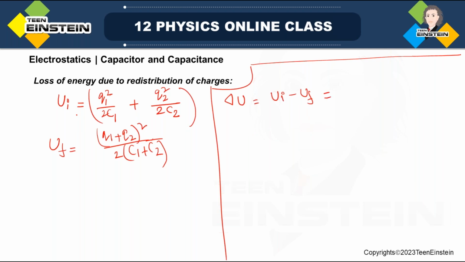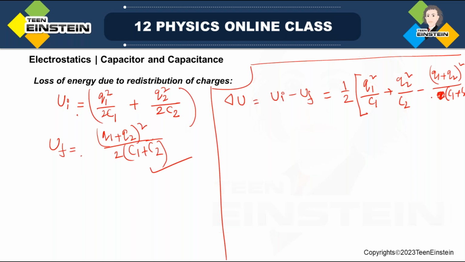I'm just putting these values Ui and Uf. I'll take half common, and then I'll write Q1 square by C1 plus Q2 square by C2, then this part minus Q1 plus Q2 whole square divided by 2 times C1 plus C2. Since I have taken half common, this is only C1 plus C2 down.